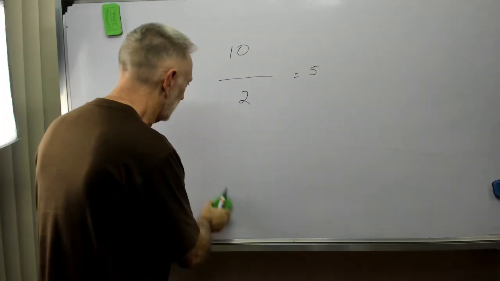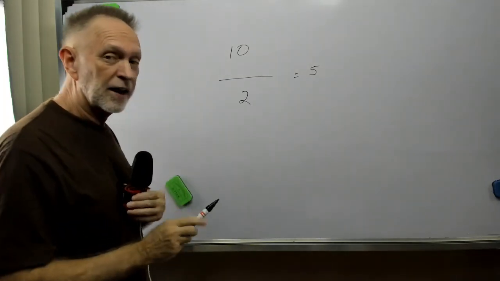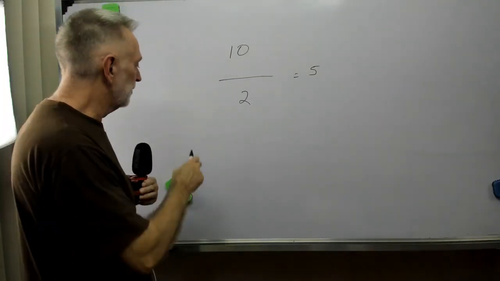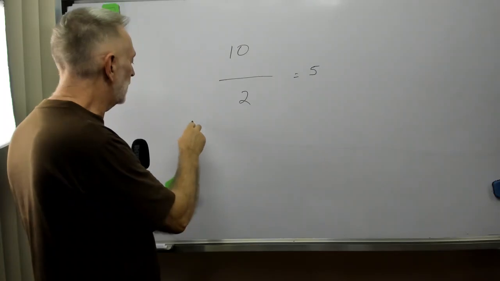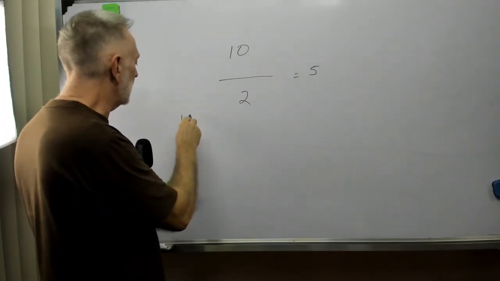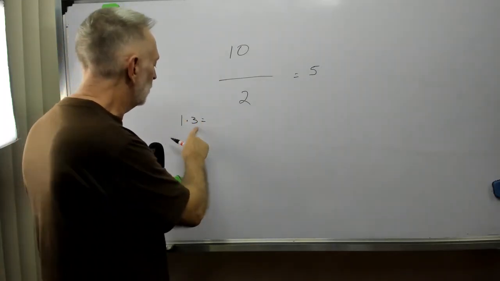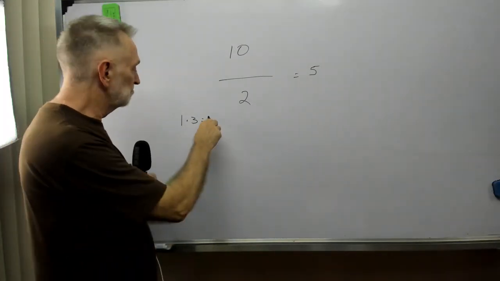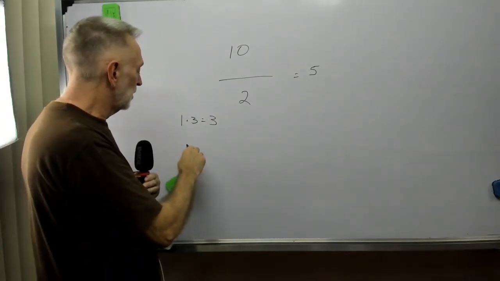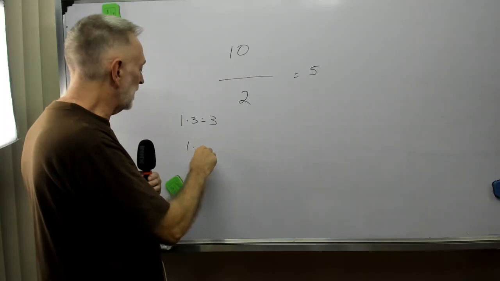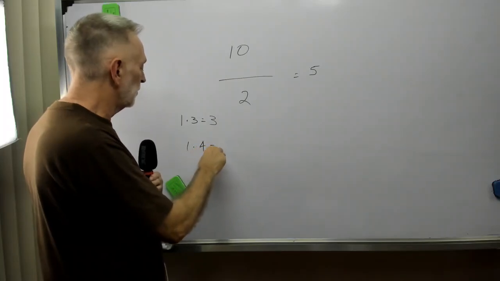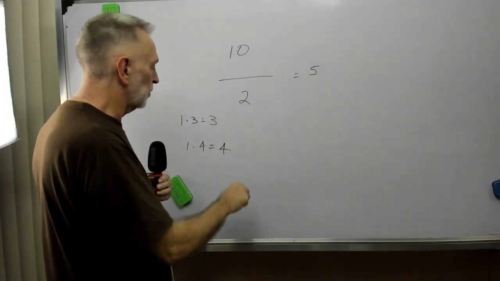Okay? To expand on that, let's think about what is 1 times 3. 1 times 3 is what? It's 3. What is 1 times 4? 1 times 4 is 4.